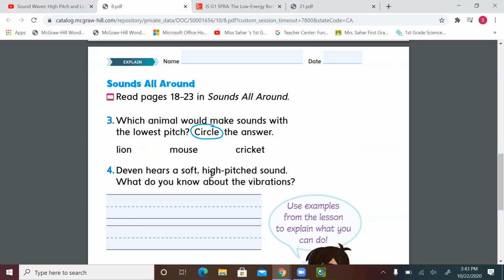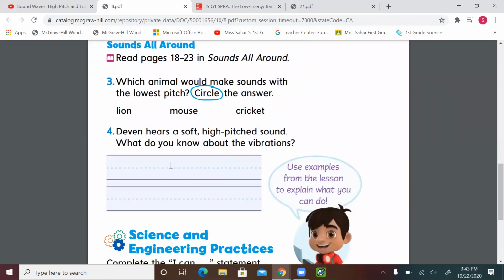Devin hears a soft, high-pitched sound. What do you know about the vibrations? Okay, so what do you think the vibration will be? Will it be weak or will it be strong?